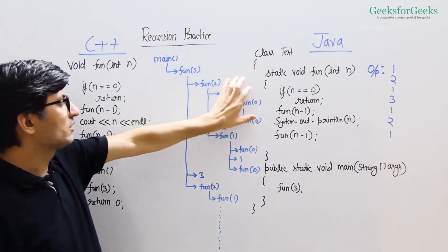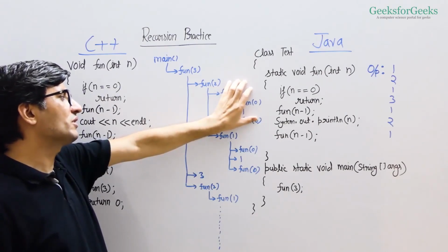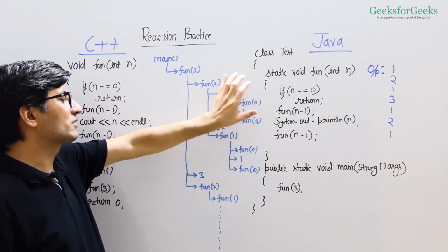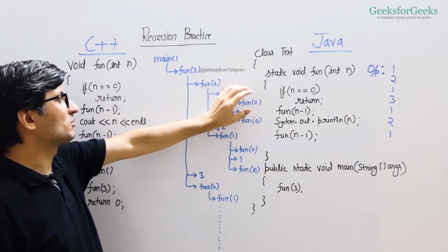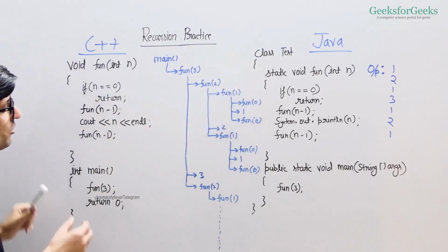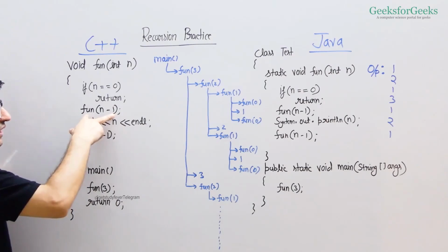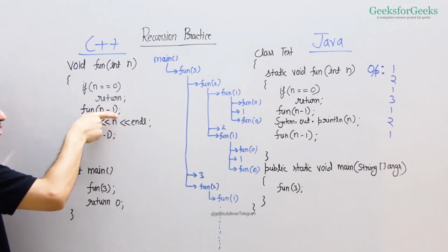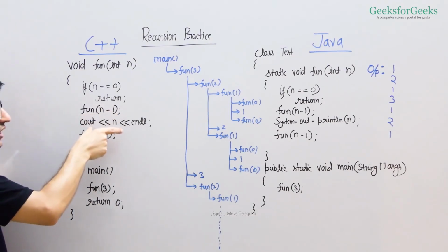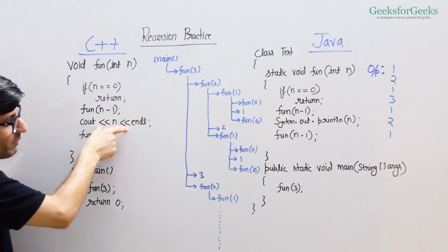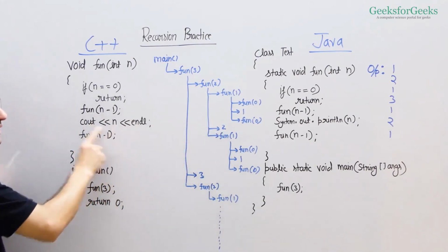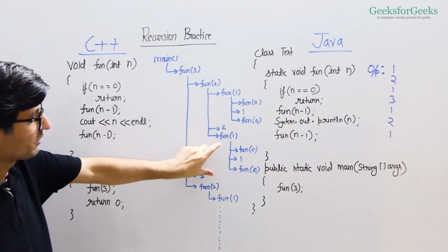So fun1 leaves the execution, and once fun1 leaves, the control comes back to fun2. Fun2 resumes its execution after this line because this is where it had stopped. It was waiting for fun1 to finish. So it prints 2 on the screen. It prints the value of n, and then it again calls fun1.